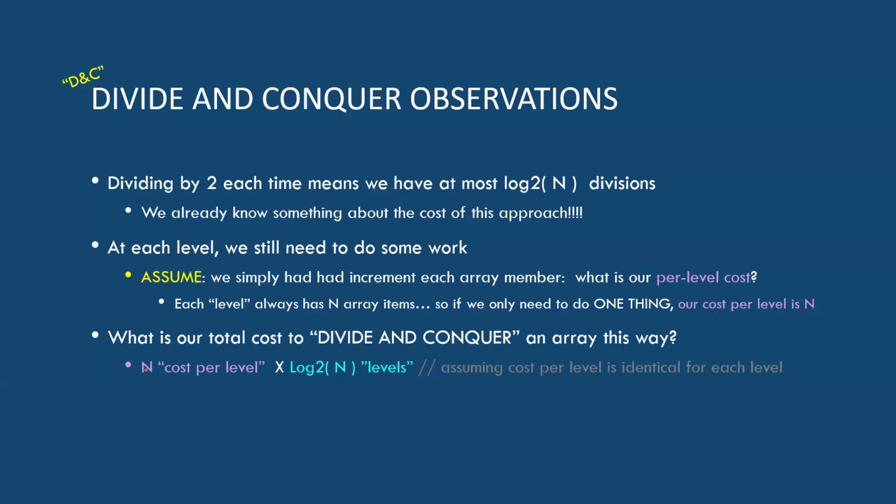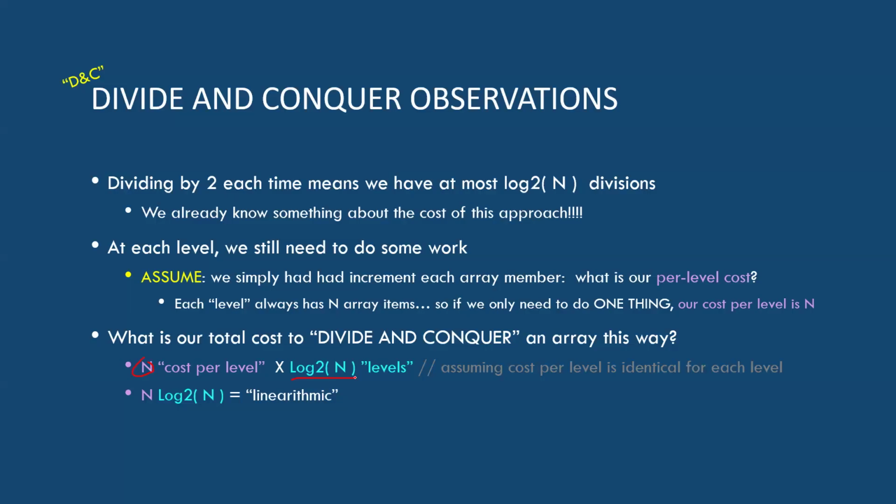So if I have a cost of n by adding up all of the things across the rows, and I have this many levels, that's broadly speaking how we get to this description called linearithmic. That's n cost per level times log base 2 levels of n.